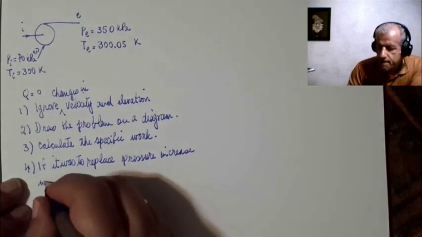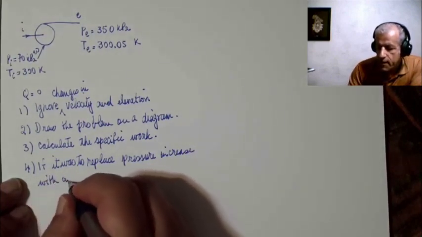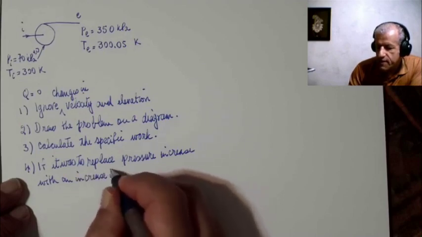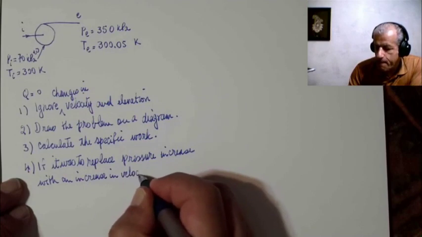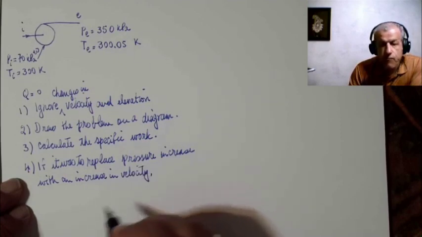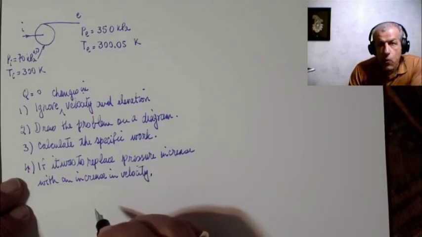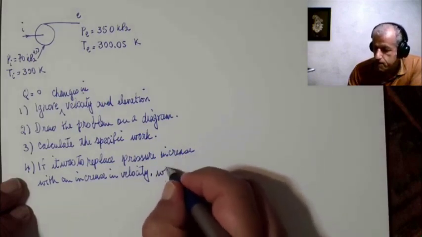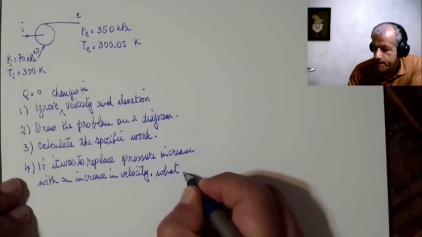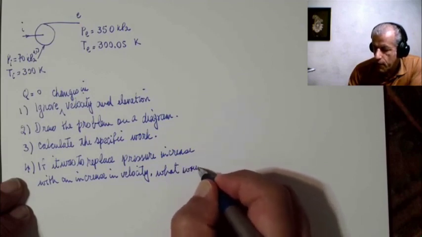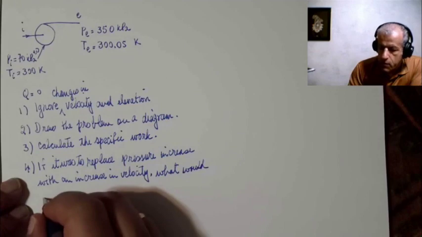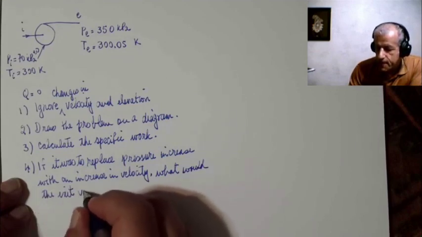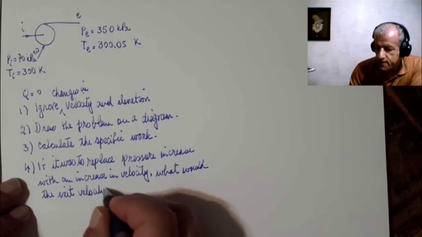What speed would we gain? What would the exit velocity be?